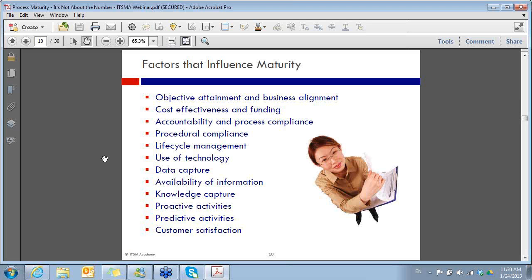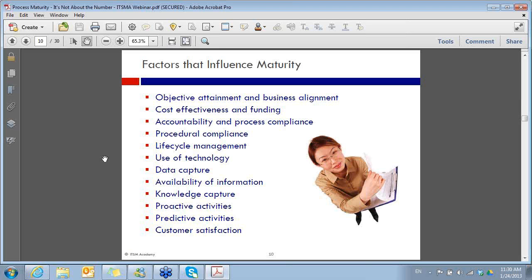And what I found when I first started writing the ITSM process design guide is there wasn't really any middle ground. There wasn't really anything that just spoke to what is maturity? What does that mean? What are the characteristics of a mature process? And that's really the message that I want to deliver today.